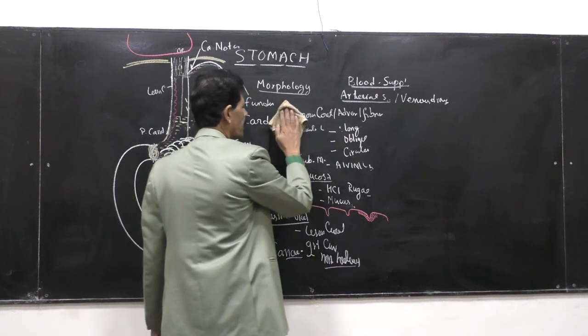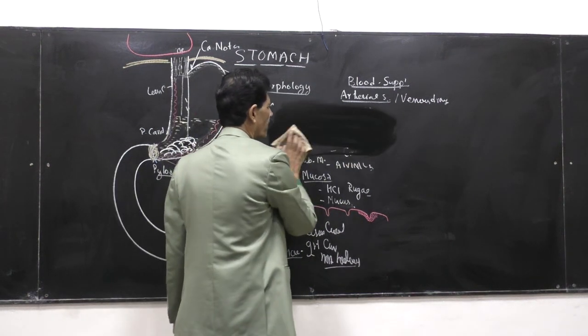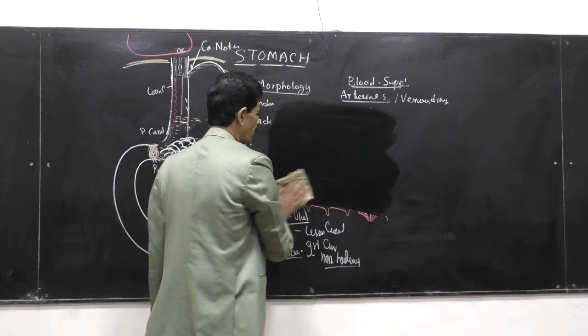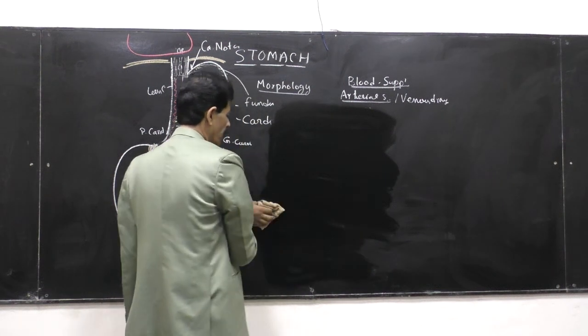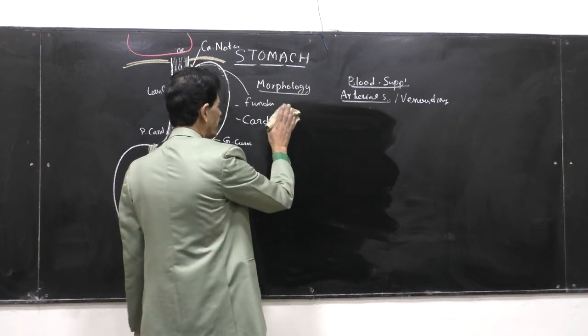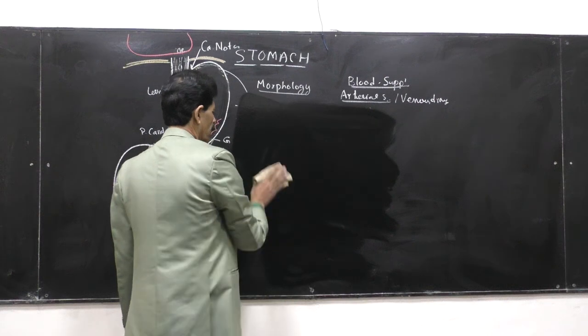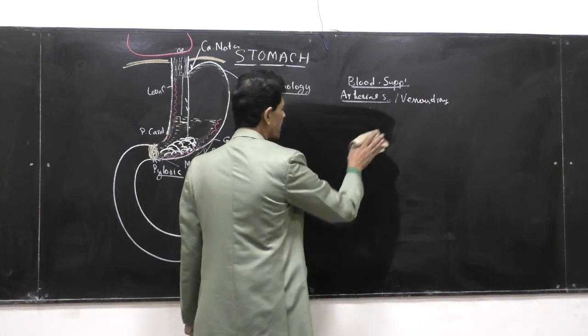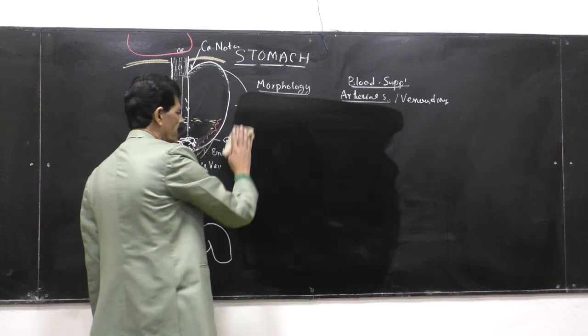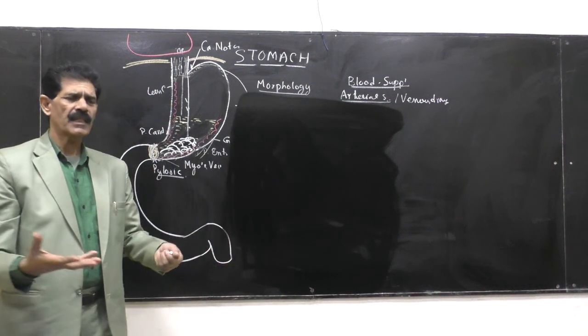As we know, the stomach has been assigned the duty of converting solid food into a paste, or chyme. So a good amount of the three types of muscles are present in the wall, which helps in churning the food. The stomach is like a mixie.